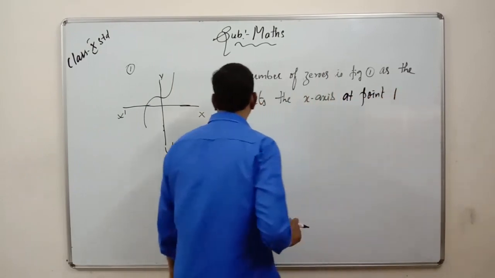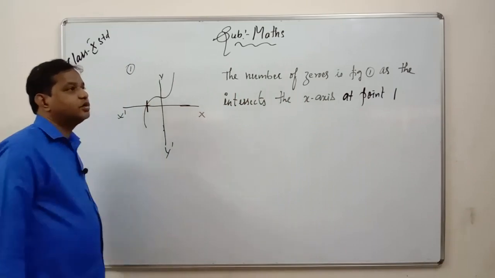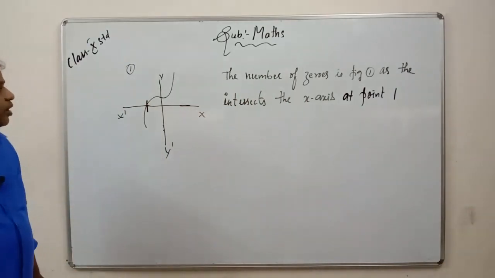You can observe clearly where it is intersecting. It is intersecting here. So it is intersecting here at point 1 only.